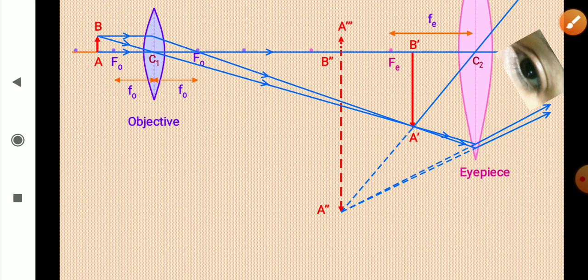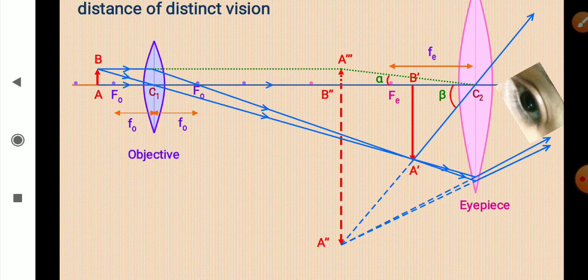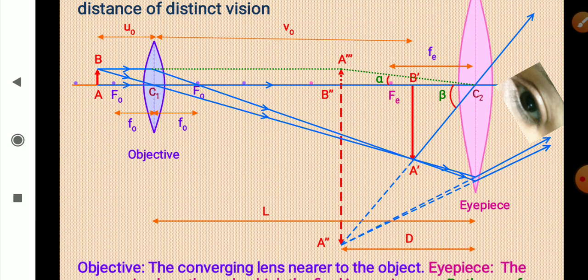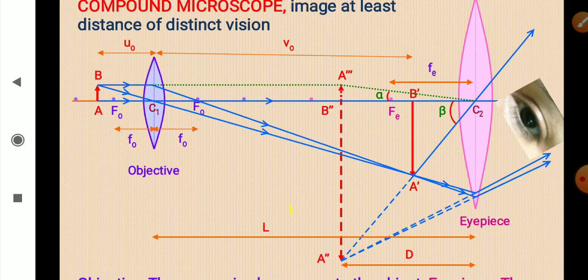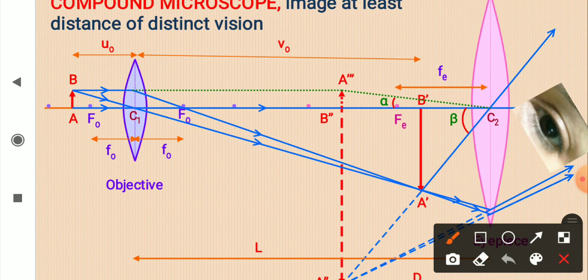So let's see. Let us mark all the distances here. Since we have to take the magnification, let us mark all the distances, then we discuss it. Now, what we do is we draw a length of size BA here.